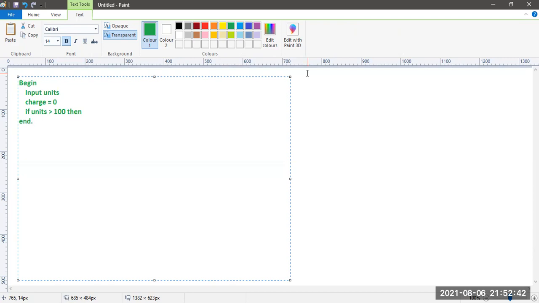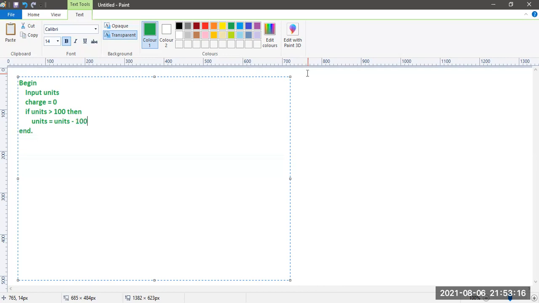The first 100 are free. So, if the units that they have consumed is greater than 100, you reduce 100 from the units. Units is equal to the already existing units minus 100.